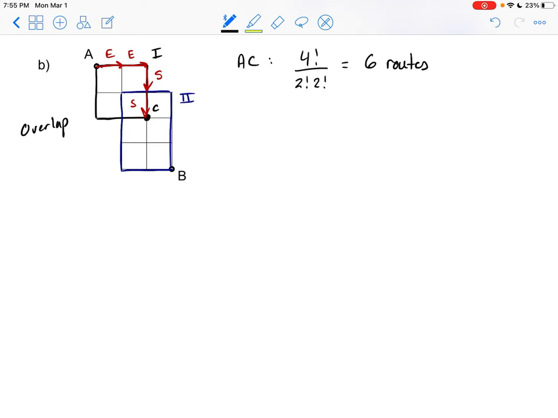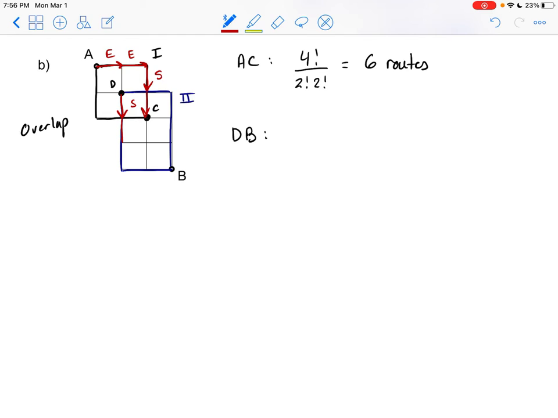So now let's look at getting from, I'm going to put another dot point here, but this is at the top of this square, our second square here. So I'm going to call that one D, and let's go now from D to B. So, and I'll go down the side here.